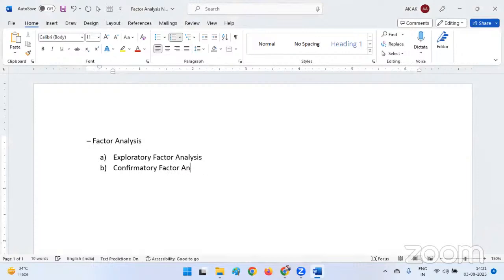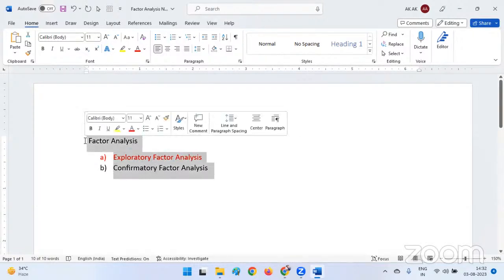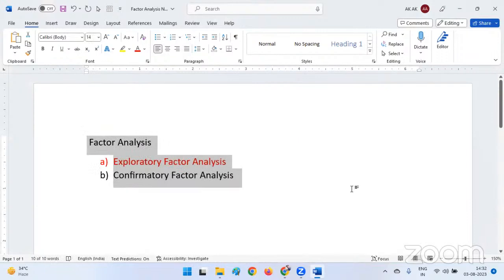These are two types of factor analysis that are very popular in research. We will do exploratory factor analysis. Before we go ahead, let us understand the difference between exploratory and confirmatory. As the name suggests, the first one explores and the second one confirms.